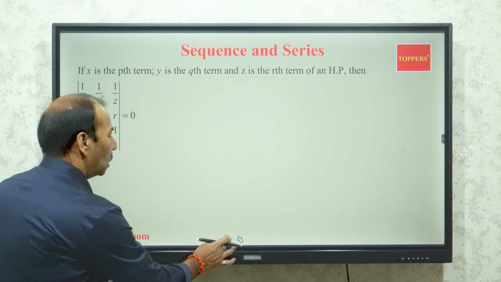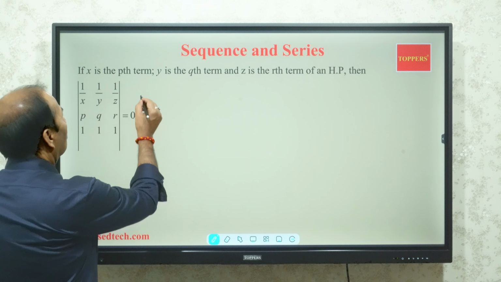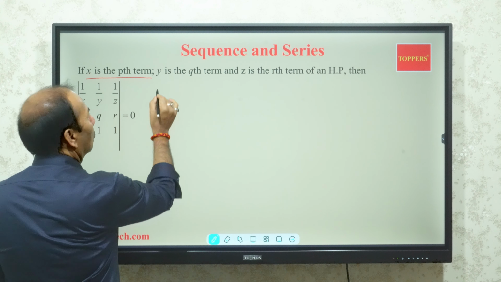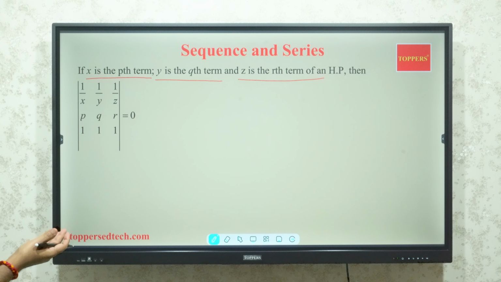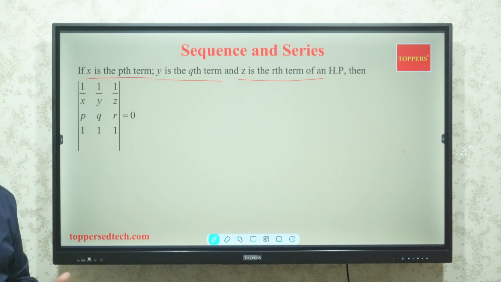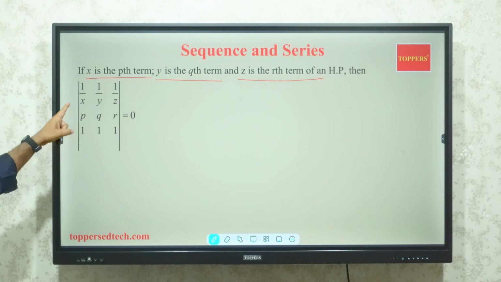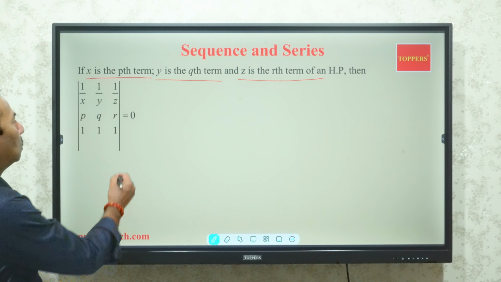Now there is a property which we have also discussed in the arithmetic progression. If x is the pth term, y is the qth term, and z is the rth term of a harmonic progression, then 1 upon x is the pth term of the corresponding arithmetic progression, and so are 1 upon y and 1 upon z. So we get a similar relation from the concept of arithmetic progression: 1 upon x, 1 upon y, 1 upon z with p, q, r, 1, 1, 1 equals 0.